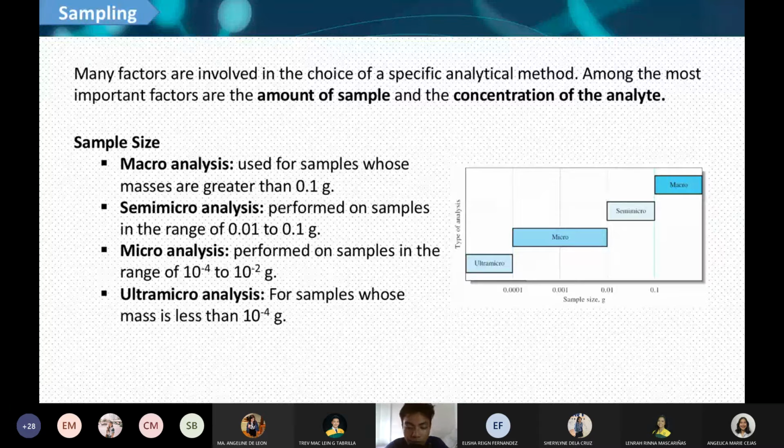So, kunwari, pag konti na yung substance mo, less than 0.1 gram na siya, then you should look for methods that is applicable to semi-micro analysis. Semi-micro analysis technique is done when your sample is in the range of 0.01 to 0.1 grams.